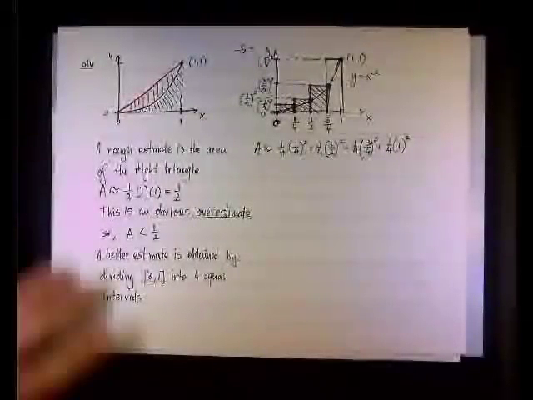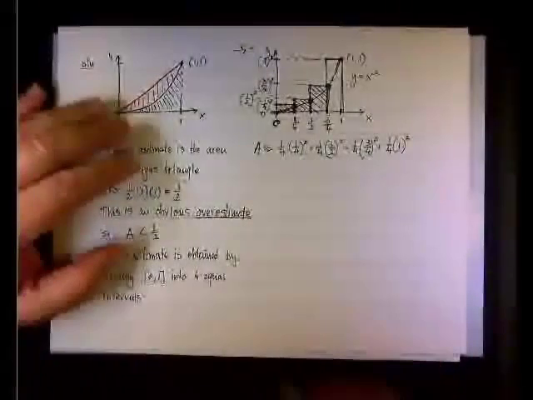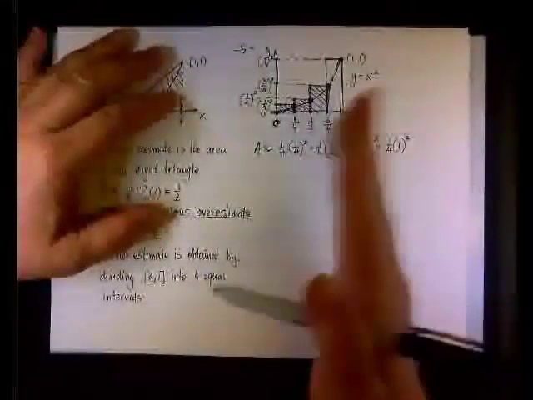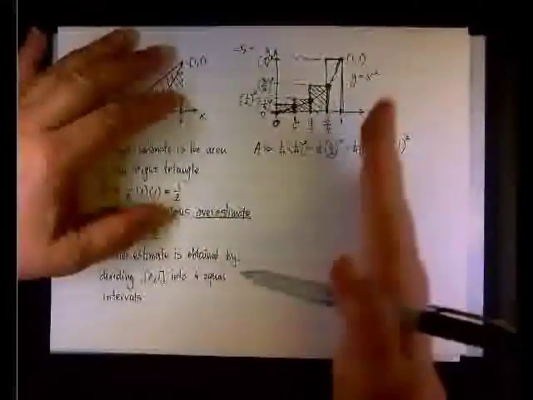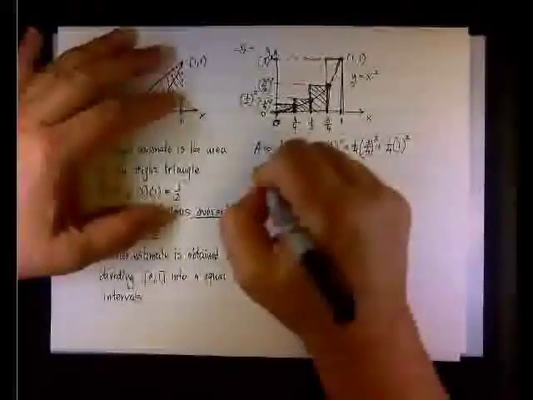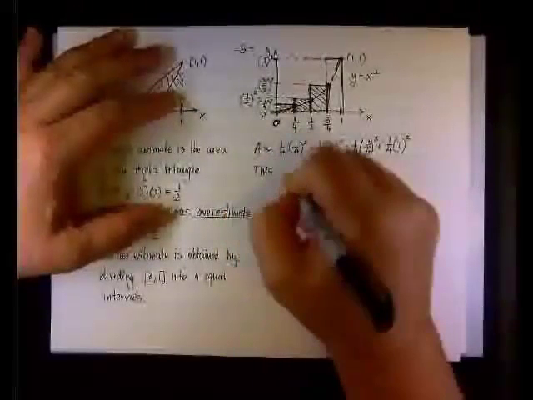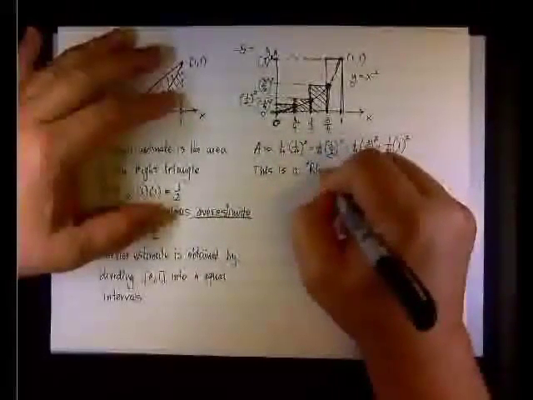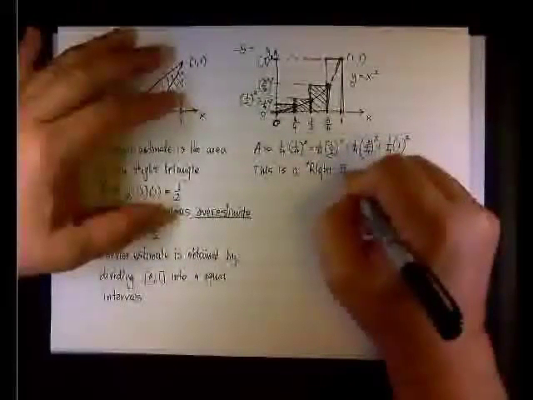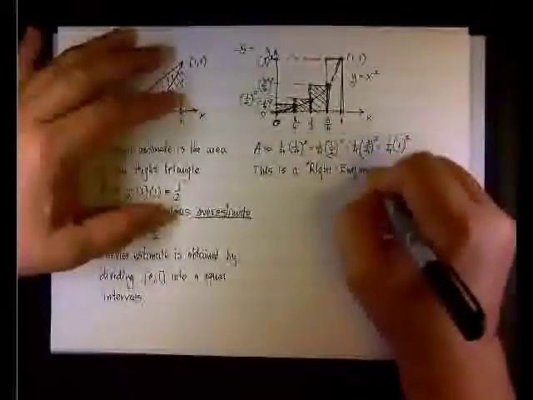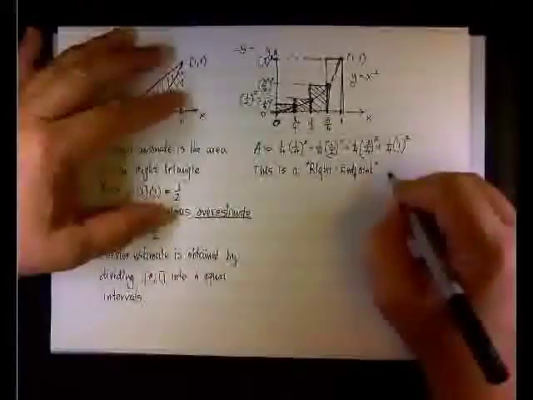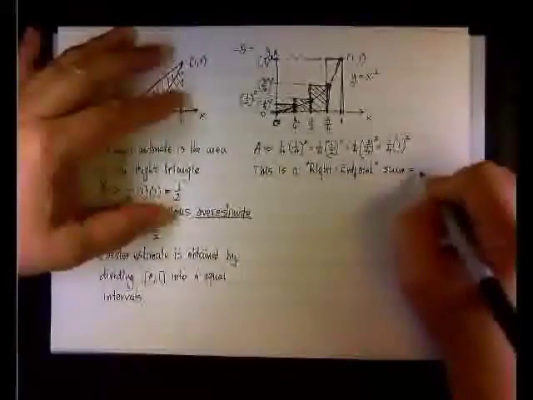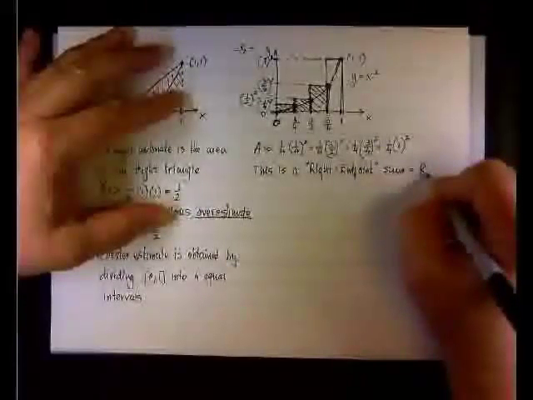Now, what happened is, this is what we call a right endpoint sum, because we add the values of the right endpoints of each interval. So this is a right endpoint sum, and we have notation for it, it's equal to R sub 4.